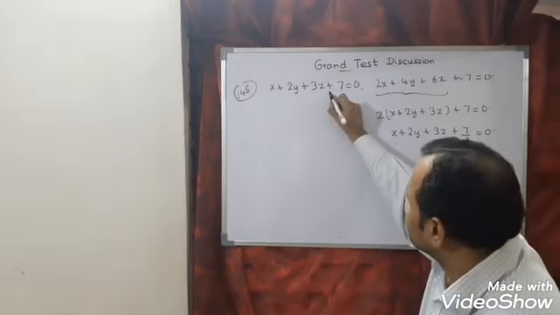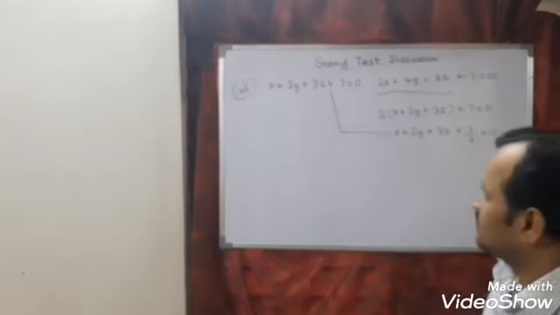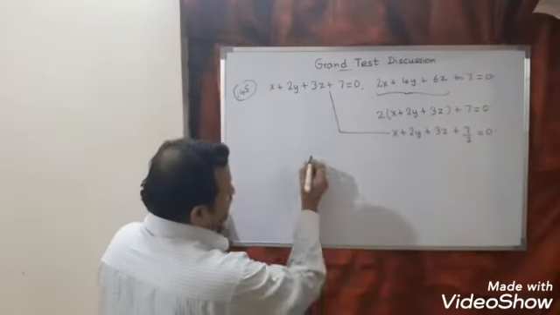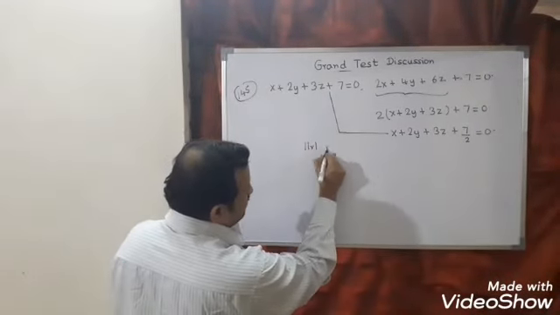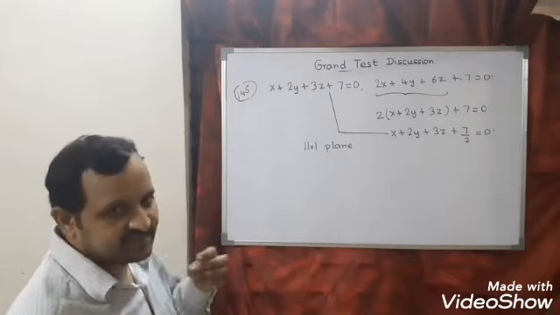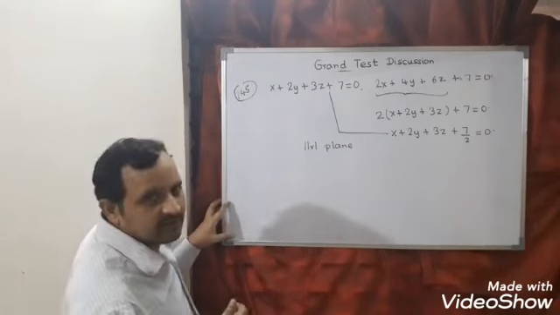Now see this and see this. So the coefficients of x, y, z are same. So these types of planes are said to be parallel planes.